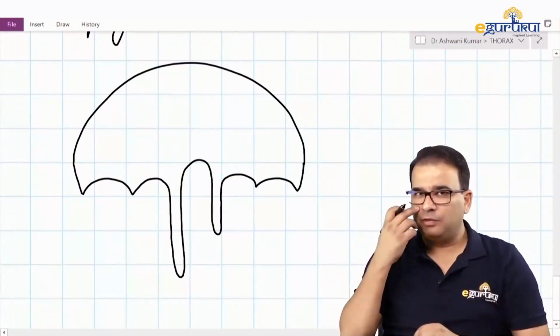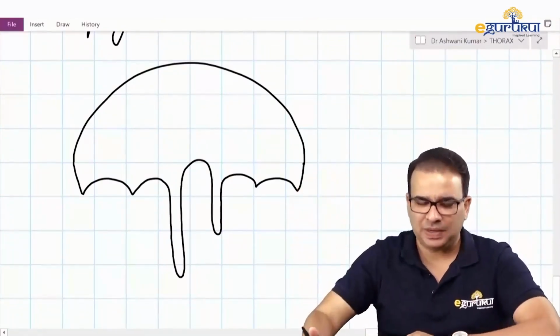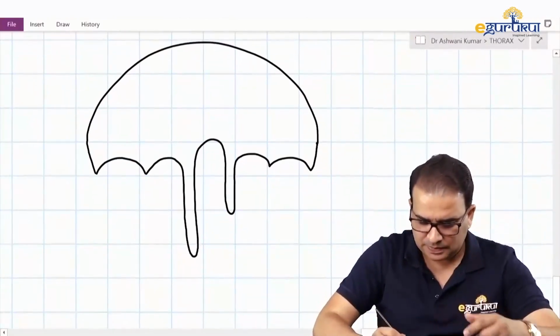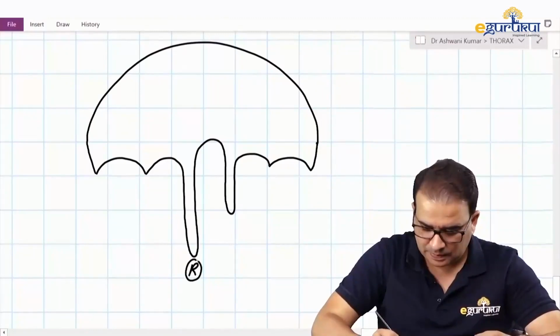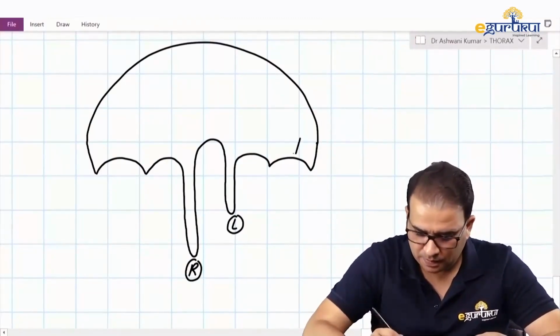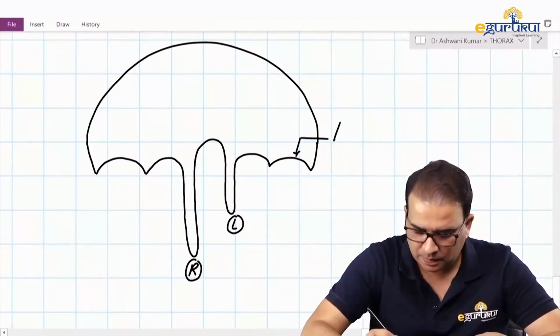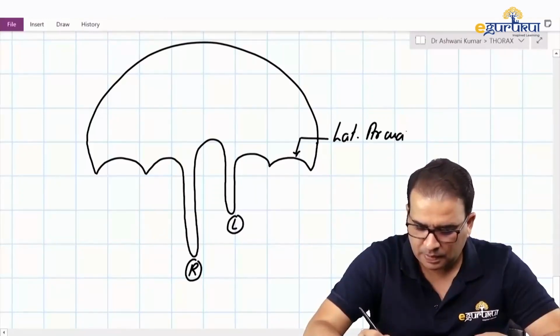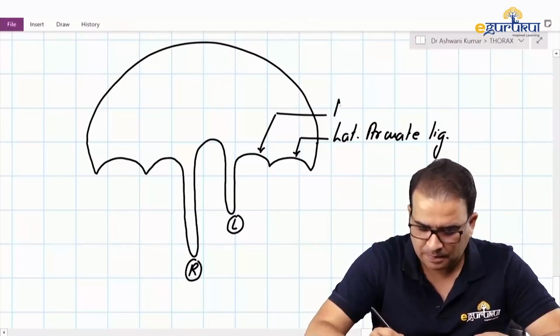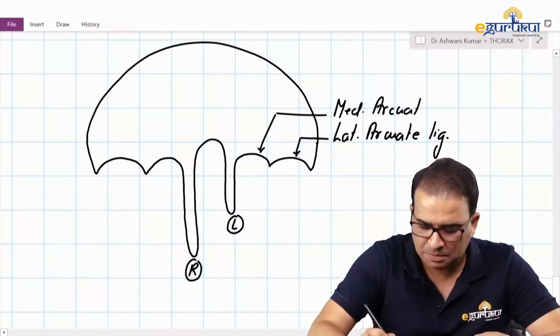So again, you have to presume that you're looking at the picture from the inferior aspect. This is the right crus. And there's the left. Lateral arcuate ligament. The medial arcuate ligament.